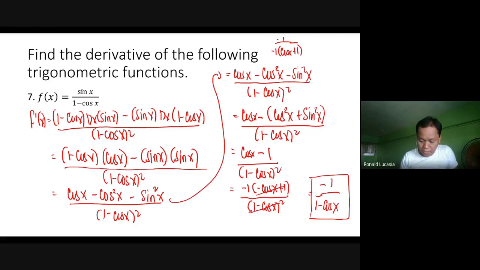Tinanggal natin, kasi di ba pwedeng matanggal dito yung cosine x at saka yung negative cosine x plus 1 saka 1 minus cosine x. Ito yung 1. Tama ba? Hindi naman siya nawala.